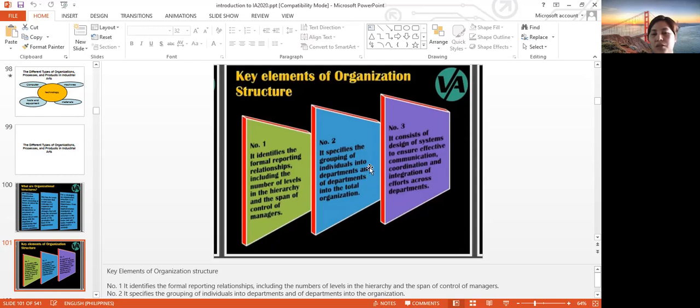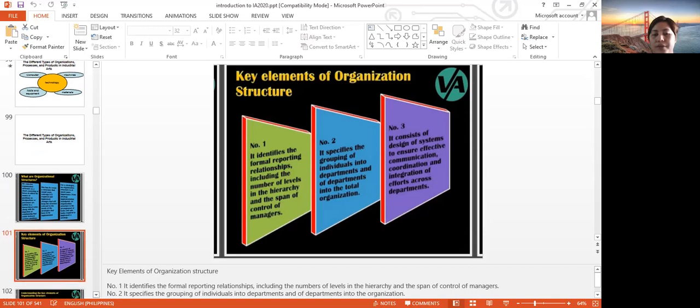So through organizational structure, we will know the different departments that work in a particular organization, and these departments have their own tasks to accomplish. But of course, it depends on the kind of structure. Number three, it consists of the design of systems to ensure effective communication, coordination, and integration of effort across the departments.